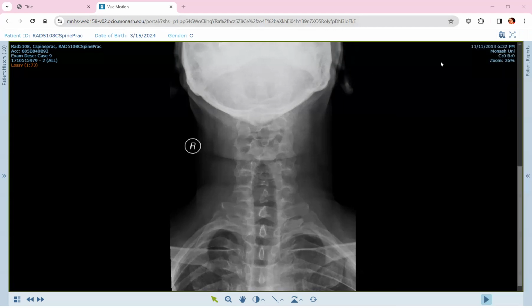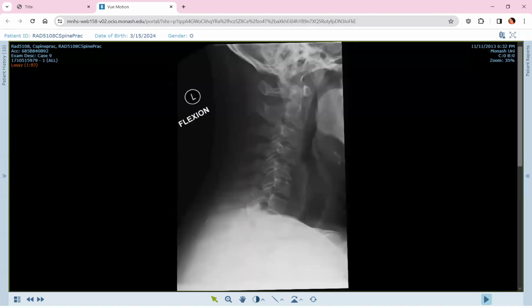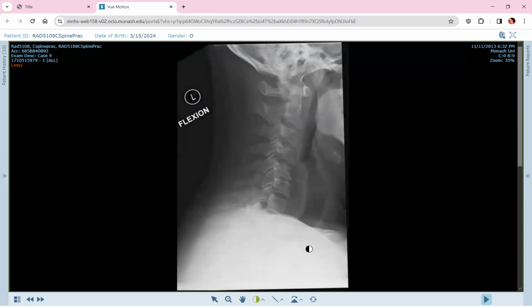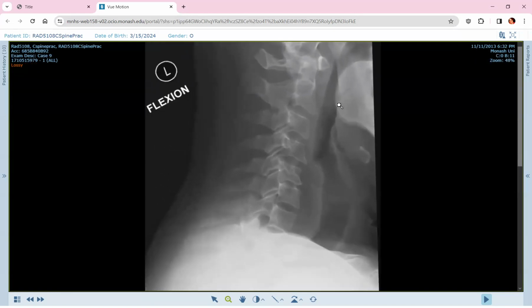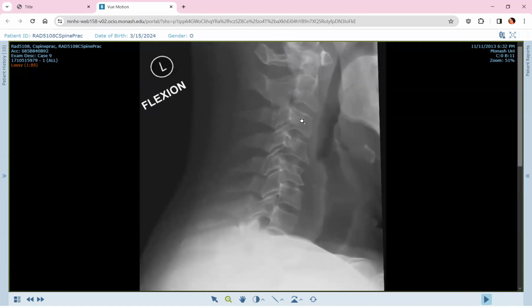And then if we look at the lateral view, let's just play around a bit with it and zoom in a little. Okay, so that is C1, C2, C3, 4, 5, 6, 7. We can see there are some degenerative changes.